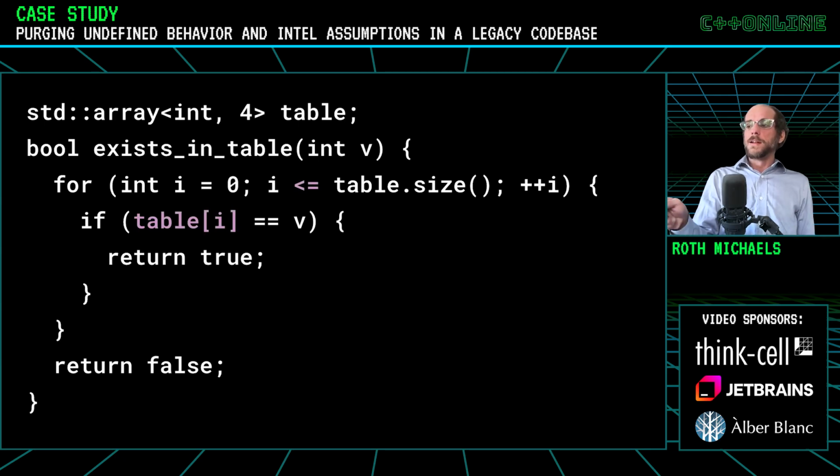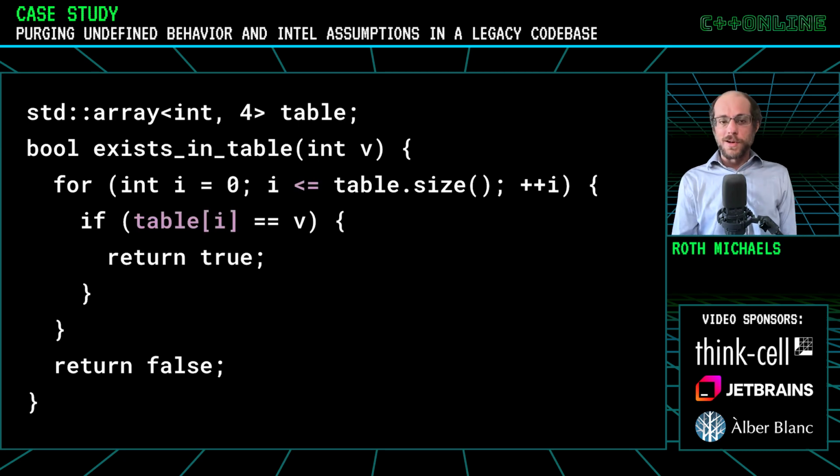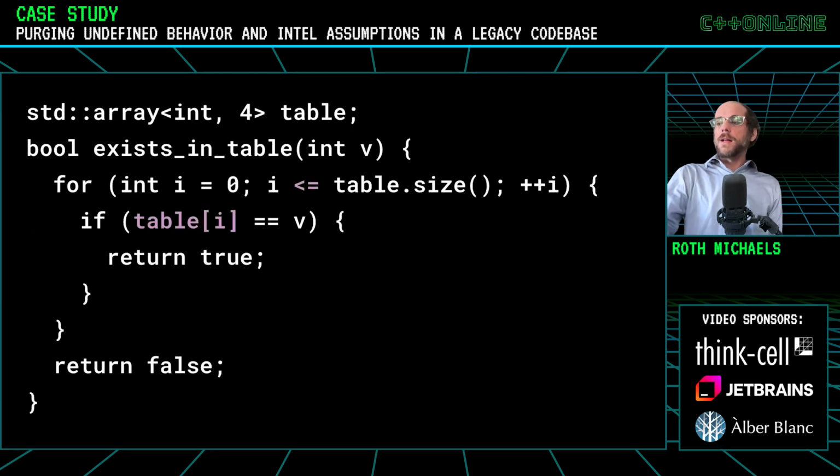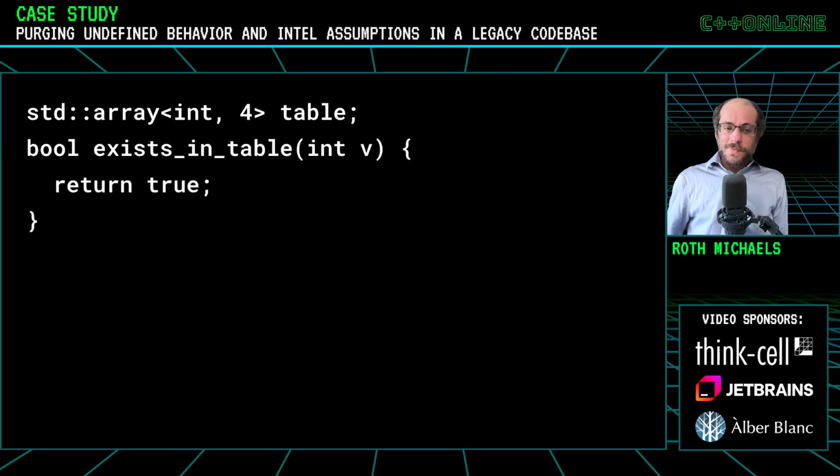So that means that for i equals 0, 1, 2, or 3, one of those 4 cases, we must find it in the table, or else we'll invoke undefined behavior. And because of that, the optimizer can essentially say, oh, this is always true, because we know it must be in the table, or else we'll read past the end of the array, which is undefined behavior. And so that's kind of an interesting thing.